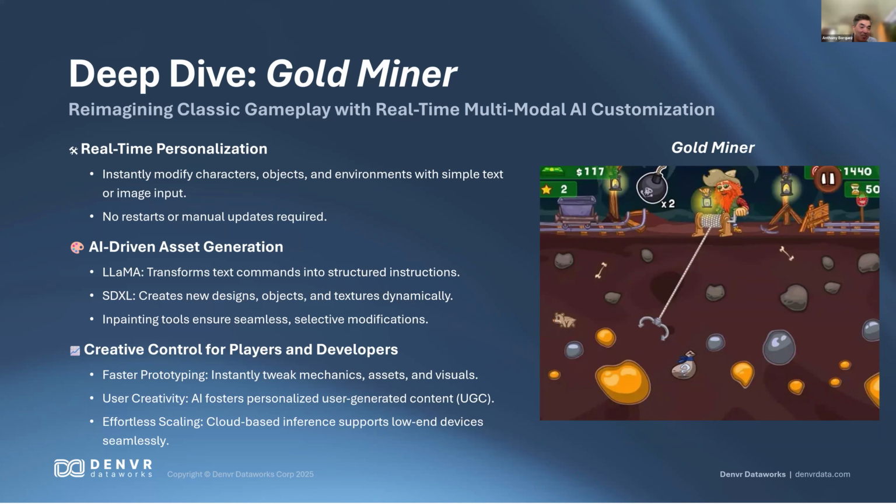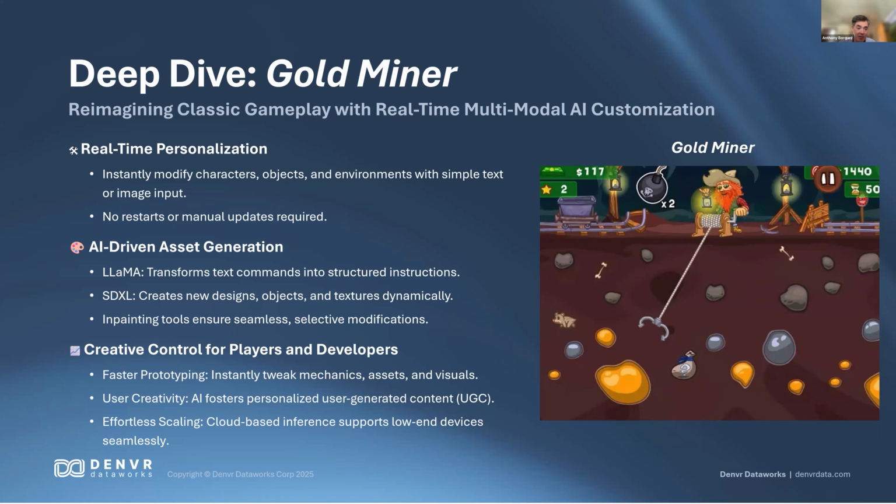And essentially, it was like real-time personalization. Could you modify the entire map, the environments, and the objects simply with the text prompt? And could we generate all these assets, right? So we needed to integrate Llama. We needed to have a language model component to it, and all of our experiences working with Stability AI.